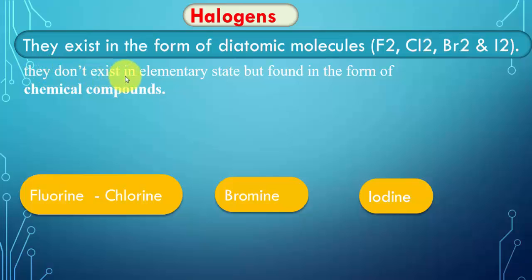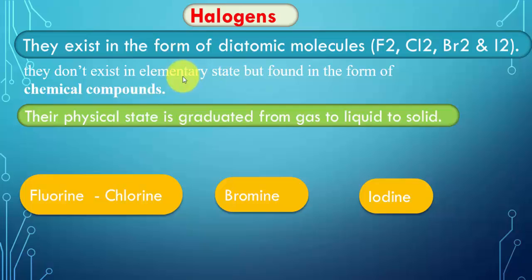Because they don't exist in the elementary state, the state of a single element, but are found in the form of chemical compounds. And we say this is because halogen is a very active non-metal element. Because it is more active, it is not found in the elementary state and must be found in chemical compounds and diatomic molecules.